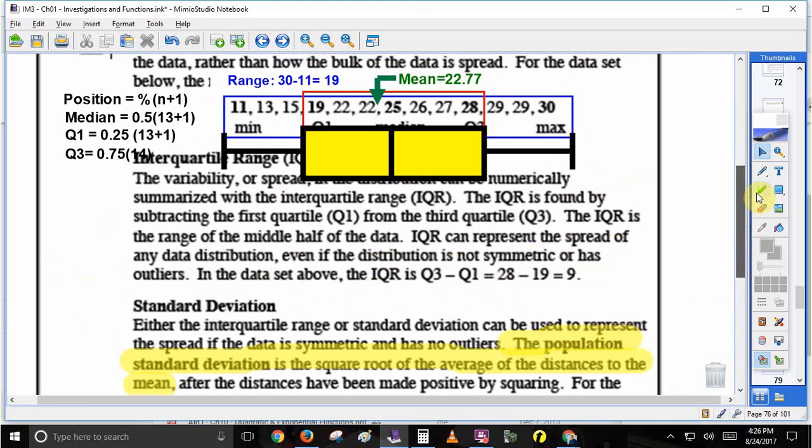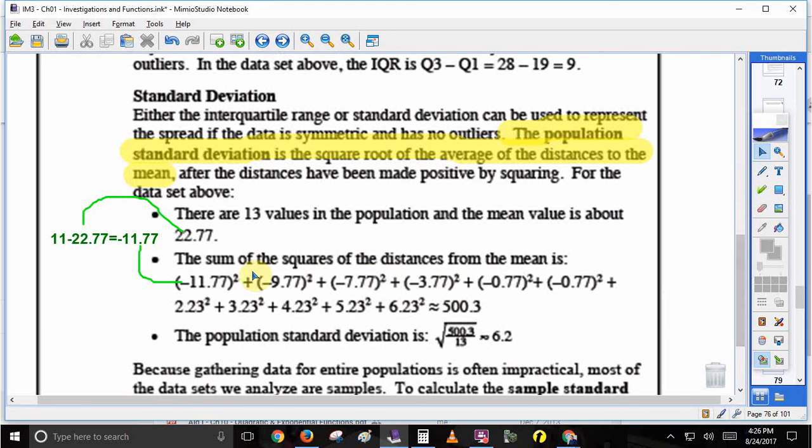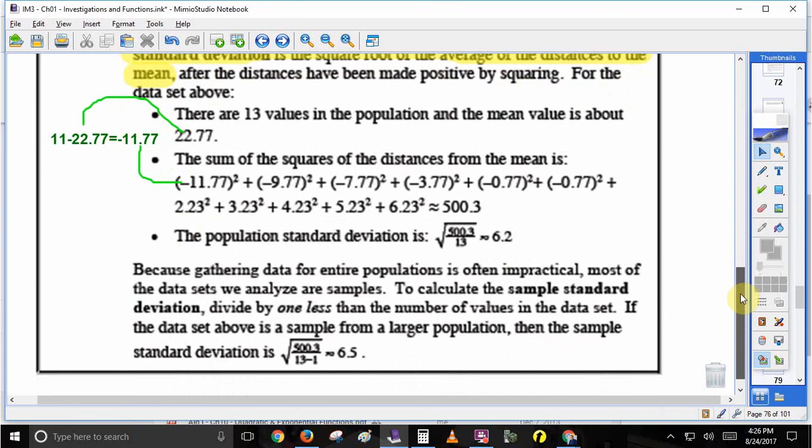The next value would be 13, so we do 13 minus 22.77, we get negative 9.77, and we do that for all the values, and we square the individual terms. And we get this number here, which is 500.3, and then we're going to take that number, divide it by the number of values. We have 13 values, and take the square root, and we get 6.2, which is the population standard deviation. Now, the nice part is that for the most part, we don't do this by hand. It's a button on your calculator.